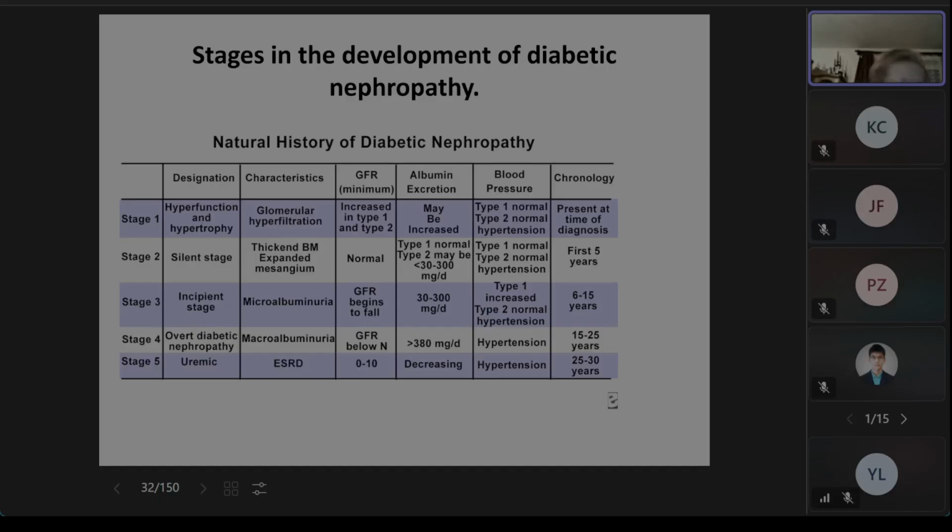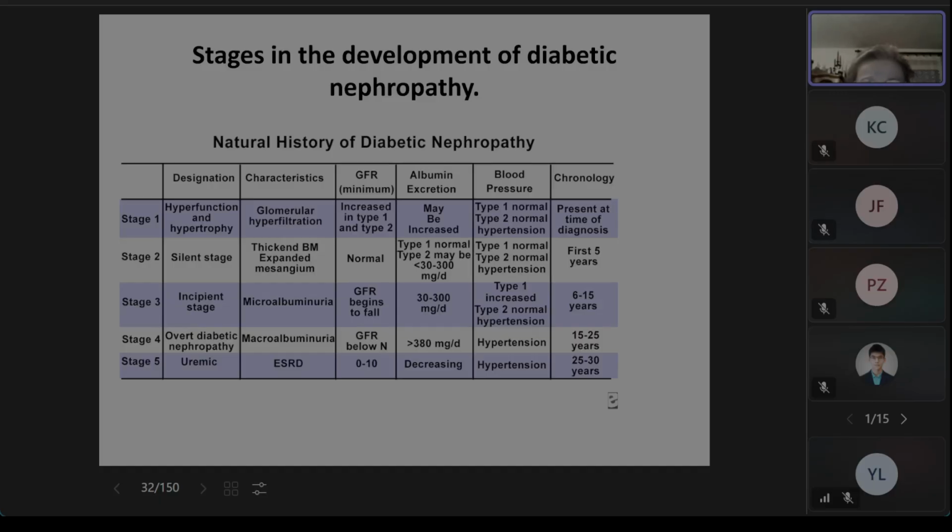I would like to highlight that histological changes in the kidneys in people suffering from diabetes mellitus start to be seen at the very beginning, at the first moment when diabetes mellitus is forming.